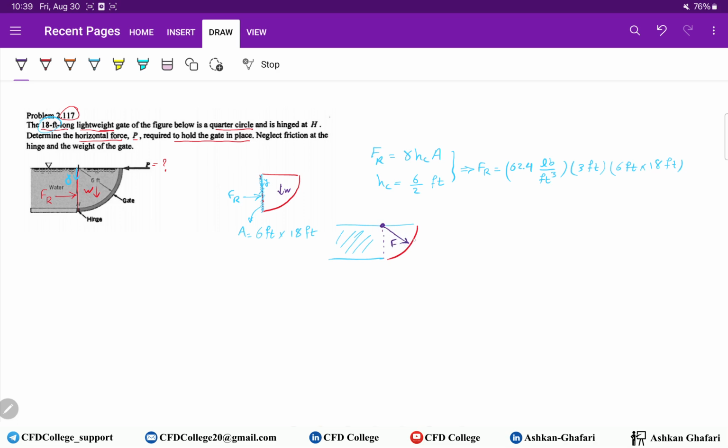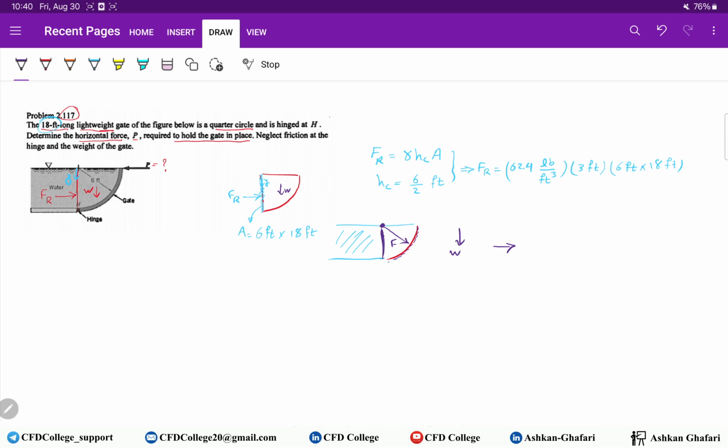This is the force, but we decomposed it into two parts: W, weight, and Fr. So W now is acting on this one, while Fr is acting on the vertical part.